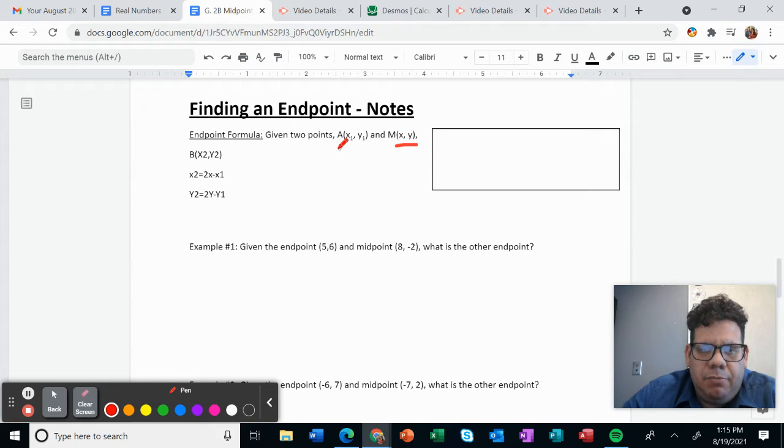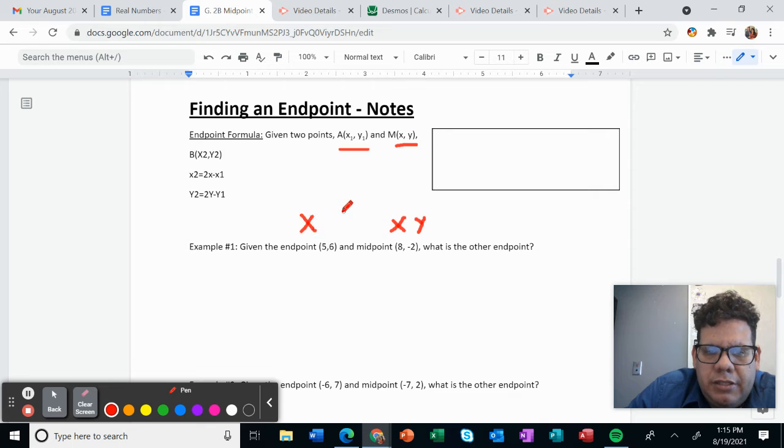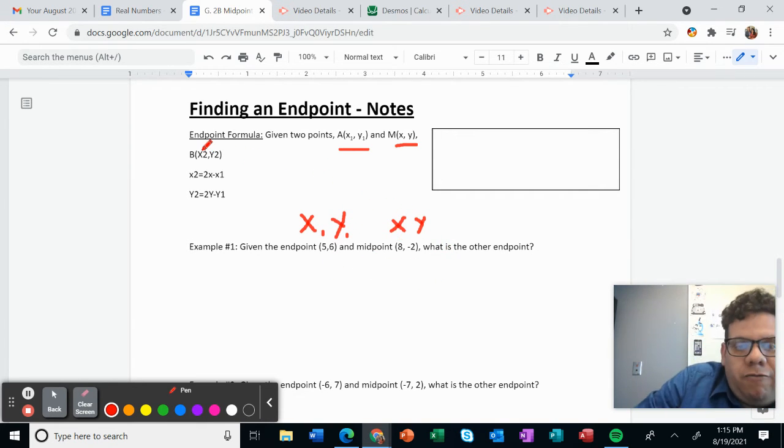The first endpoint is x1, y1, and the endpoint that is missing will be x2, y2. Just remember that the midpoint is x, y. So we can use those values in the formula.